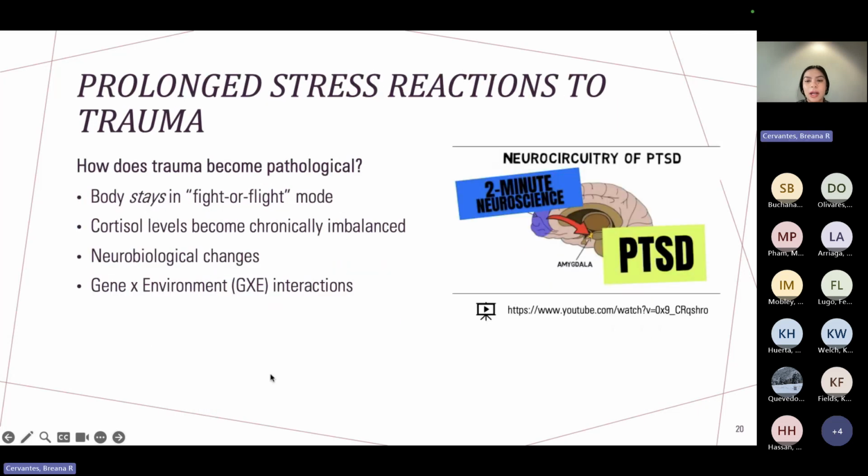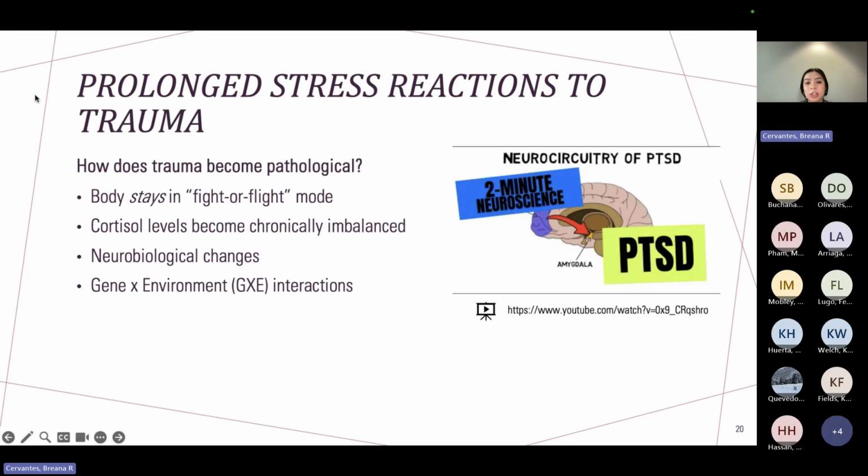And then we talked about when it becomes problematic, when we have prolonged stress, which could be the case if you're cumulatively exposed to many traumas or stressors in your life. For example, while some ACEs may not constitute trauma in the context of PTSD, cumulative exposure to ACEs is an example of that prolonged stress response, which is not very healthy for the body.